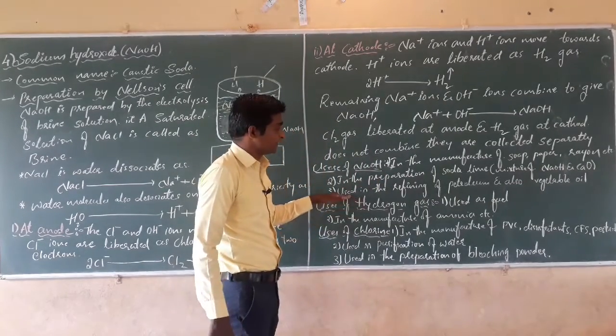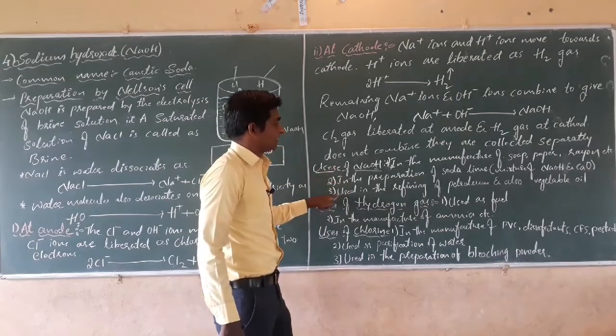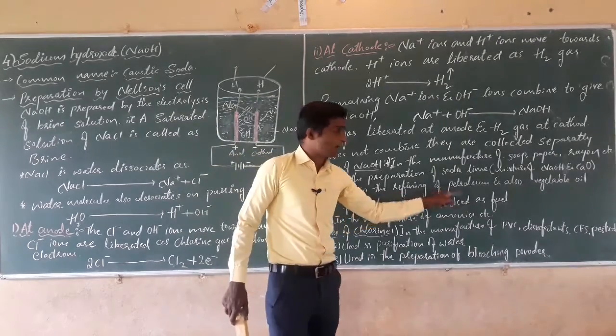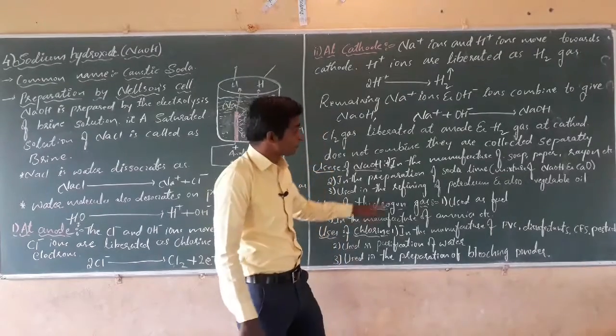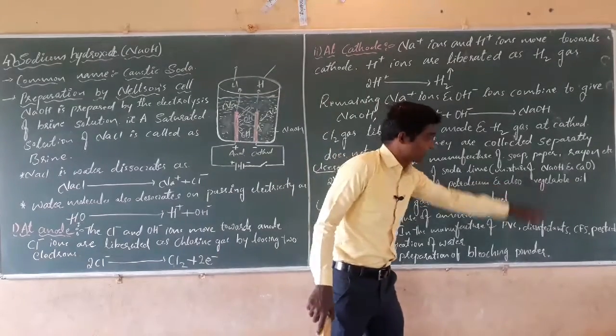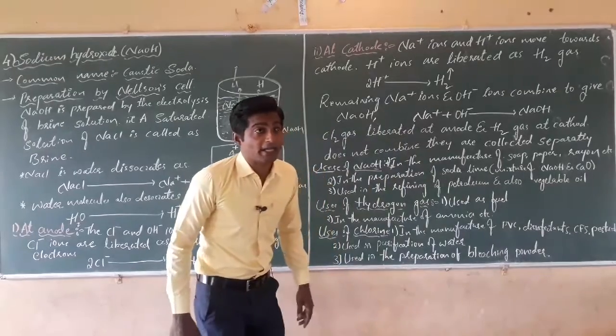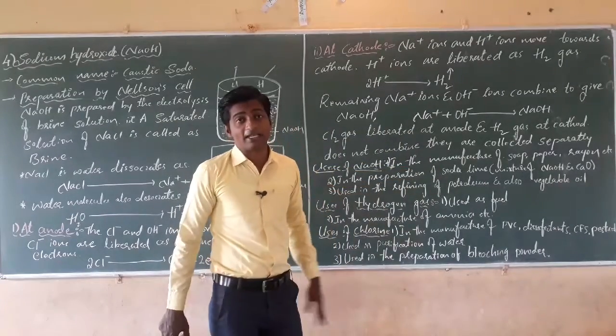Next, dear students, sodium hydroxide is also used in the refining of petroleum, that you have studied in the 8th standard. That is in the refining of petrol and also in the refining of edible oils or vegetable oils.